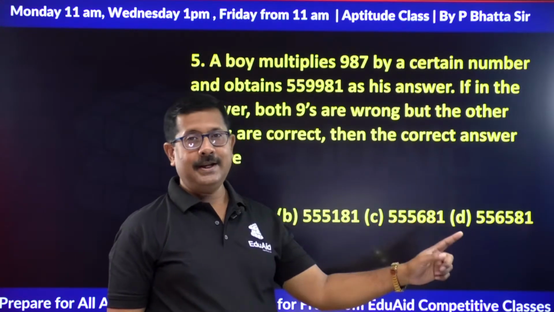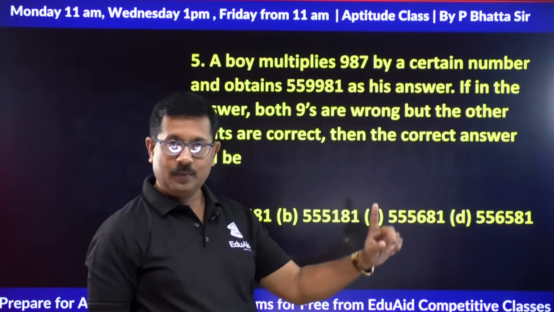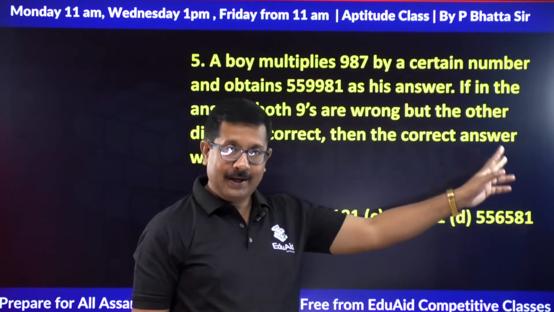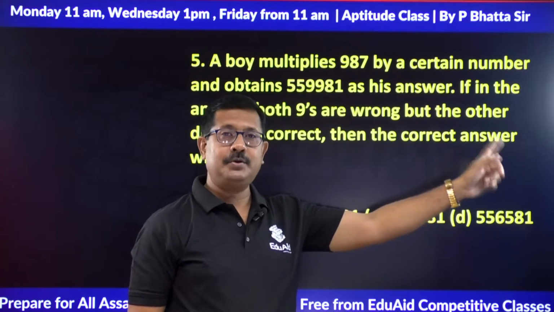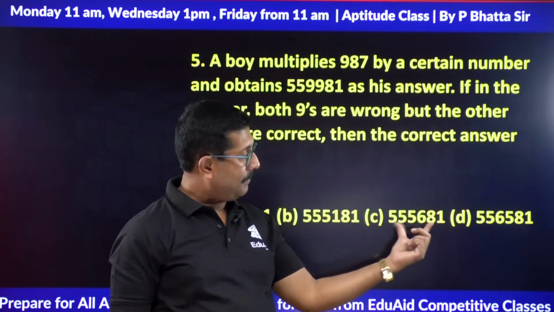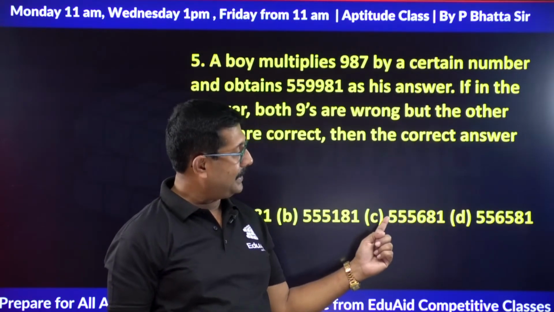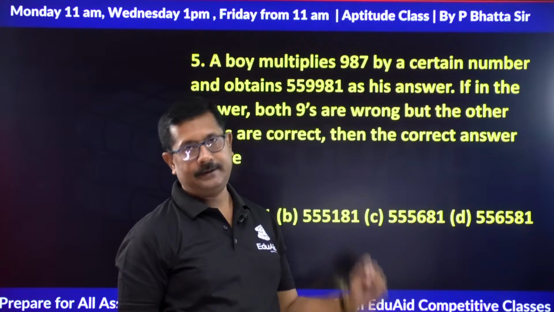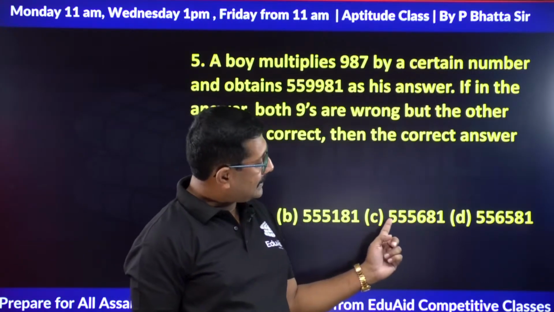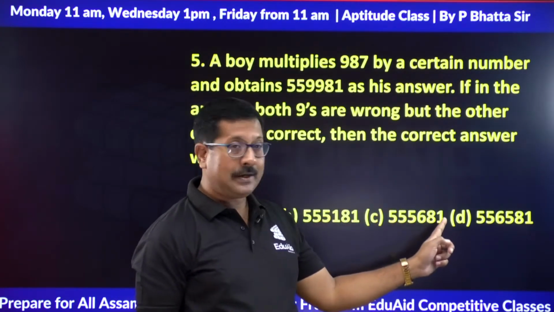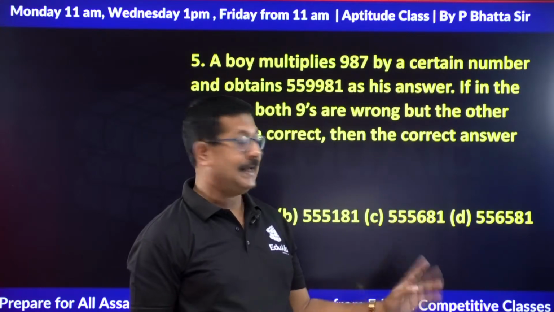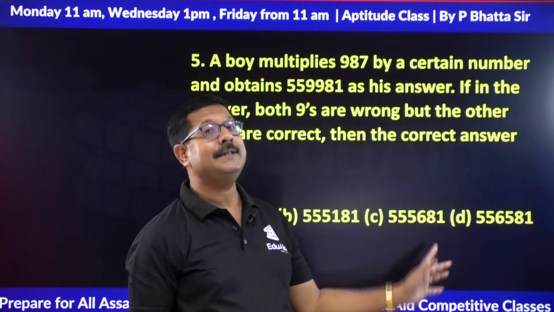Whatever you have omitted, you double it. 1 into 2, 2. Then subtract that 2 from the resulting number. Now the resulting number is 55568. If you subtract 2 from 55568, it becomes 55566.